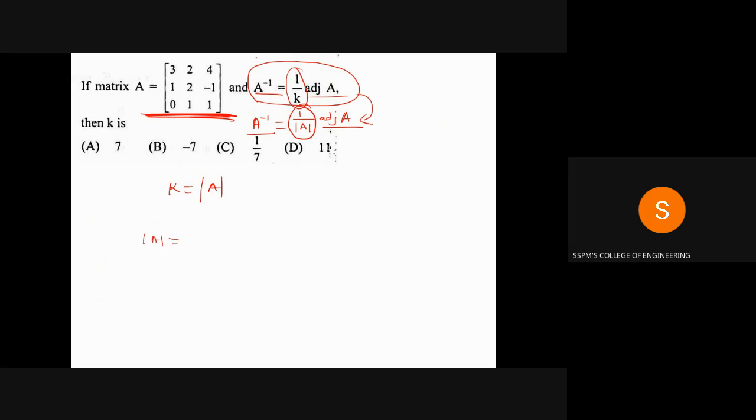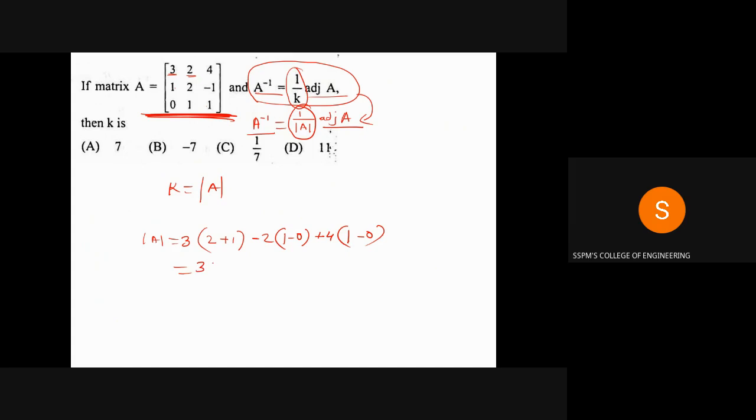So, this is A. For 3, first row, first column, 3 into bracket, 2 into 1, it is 2, minus 1 into minus 1, it is minus 1, that is plus 1, minus 2, 1 into 1, it is 1. So for this element, 1 into 1, it is 1, and minus 1 into 0, it is 0, plus 4 into bracket 1 into 1, 1, minus 0.